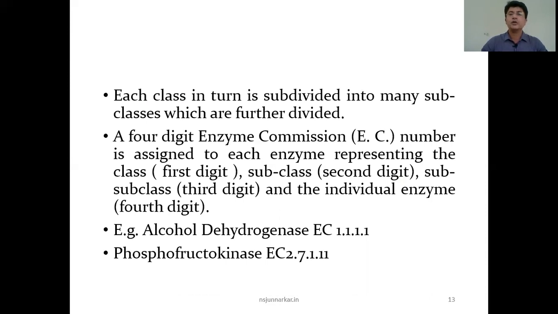So, for example, alcohol dehydrogenase has the enzyme commission number EC 1.1.1.1, whereas phosphofructokinase has the enzyme commission number 2.7.1.11. This indicates that phosphofructokinase belongs to class number 2, subclass 7, sub-subclass 1, and it is the 11th enzyme in its category.